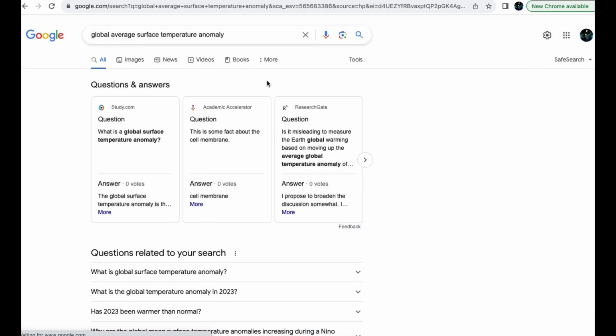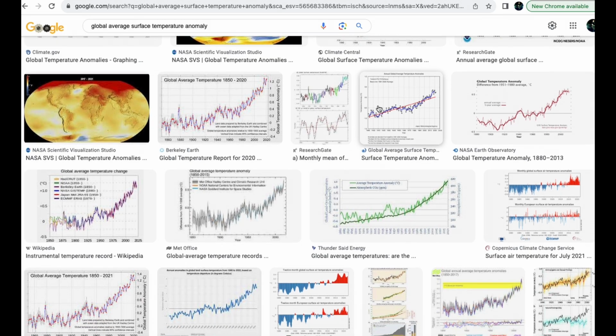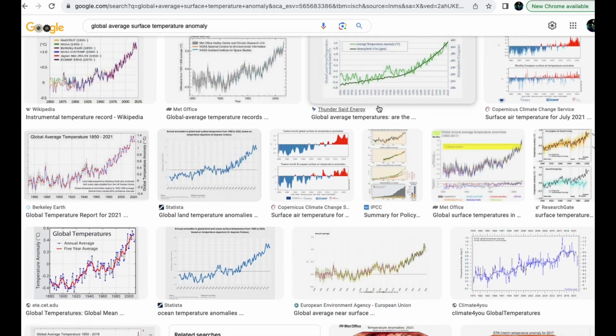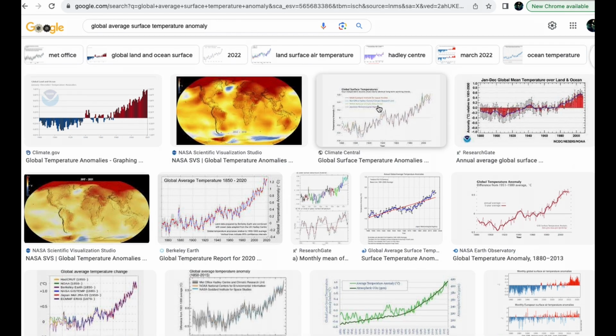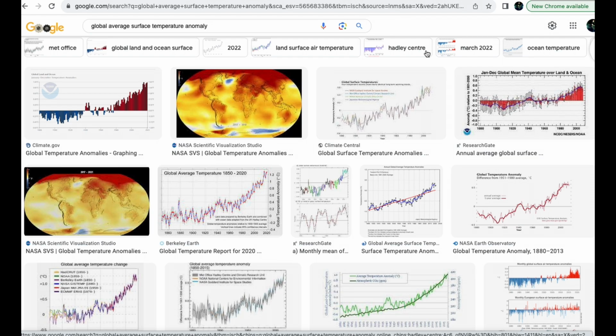When you're looking for graphs and data, a lot of times it's helpful to click the Images tab here of Google. So you click this and all these time series graphs will come up. And they all look strikingly similar. The reason why they look similar is because in science you have to have reproducibility of your results.